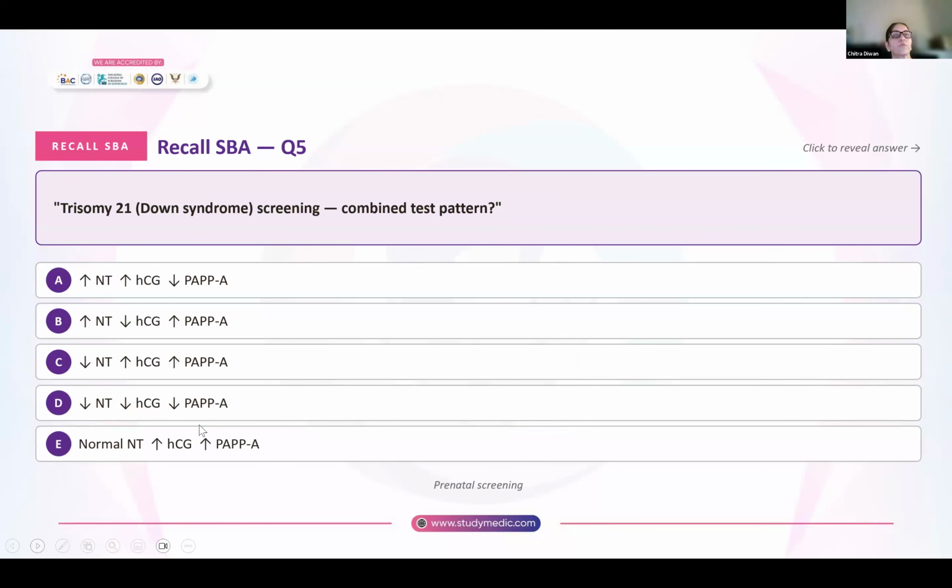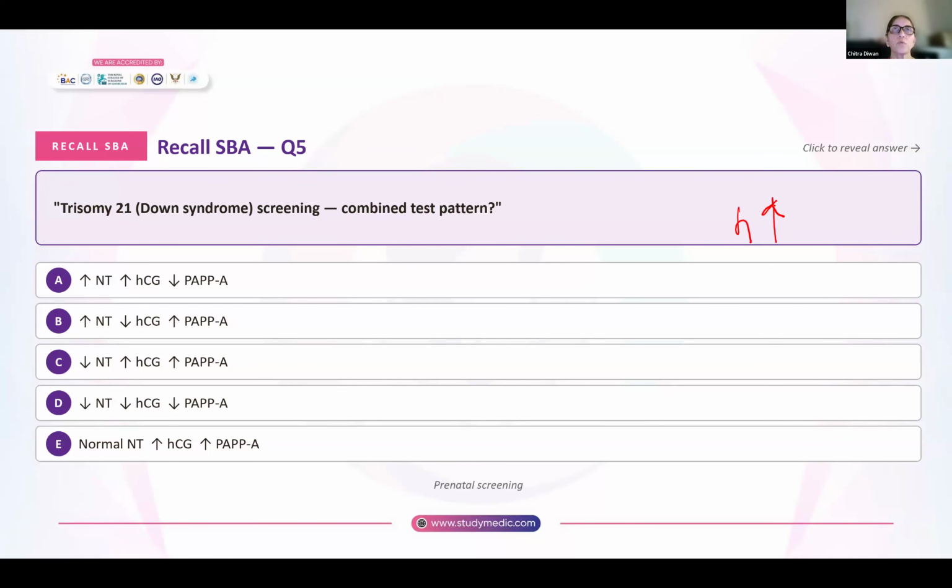Now coming to trisomy 21 or Down syndrome screening, what happens to the combined test here? I think all of you know this, that in Down's you get too high and too low. Whenever in the biochemical markers HCG is high, inhibin high, that is very characteristic of trisomy.